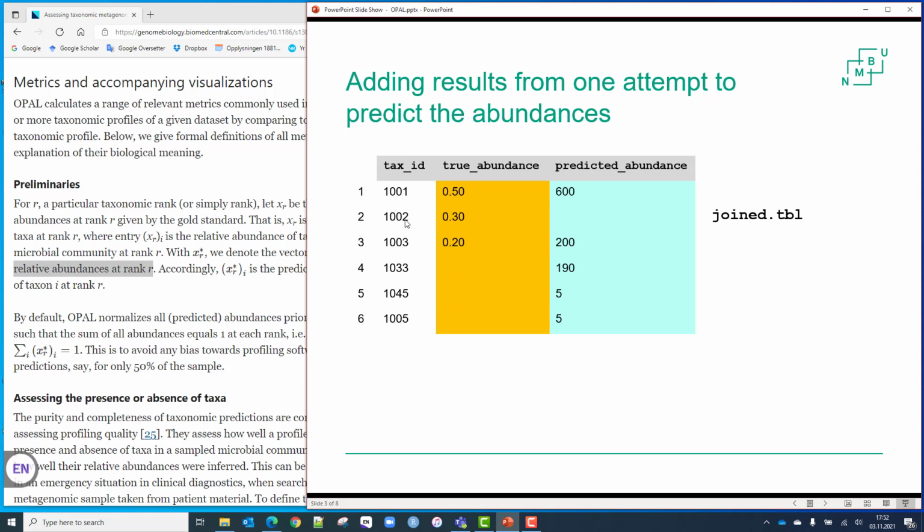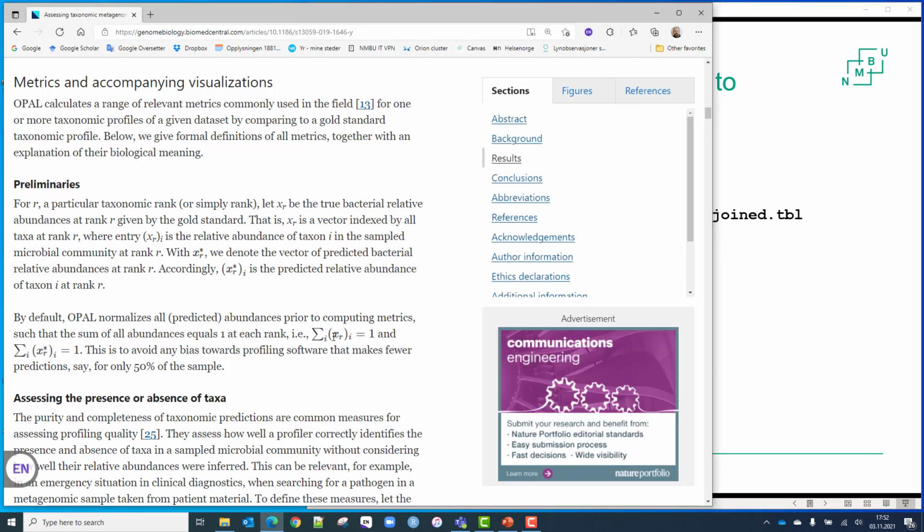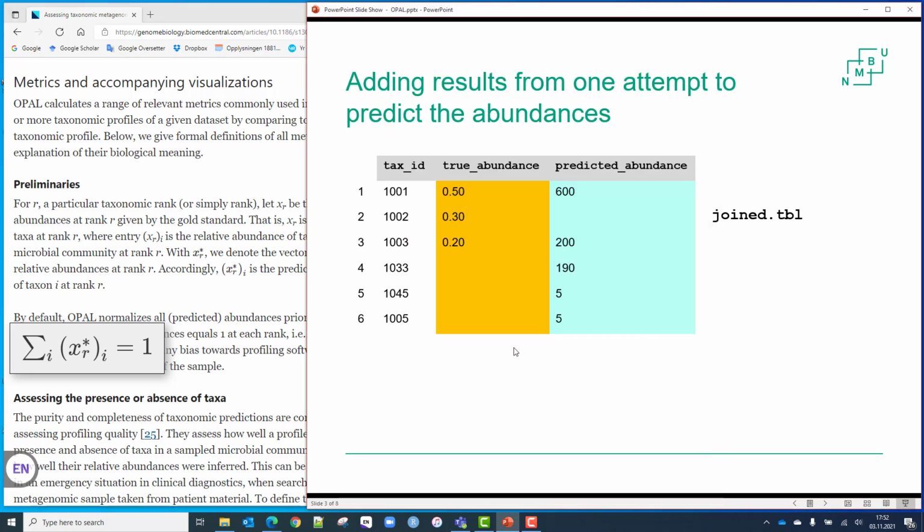And also this taxon, 1002, was never predicted, so it's an empty cell here as well. So what we have to do now is make sure that we have relative values in the gold standard and also relative values in the predicted abundances. And also we have to fill in this empty cell.